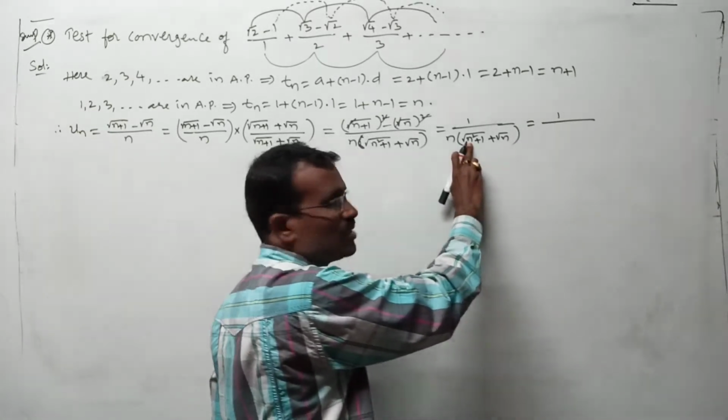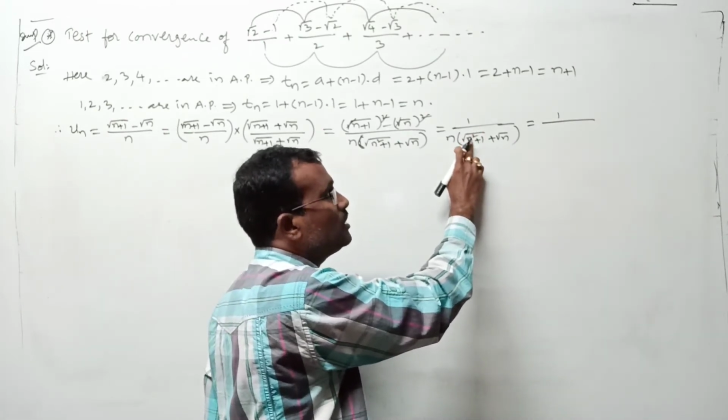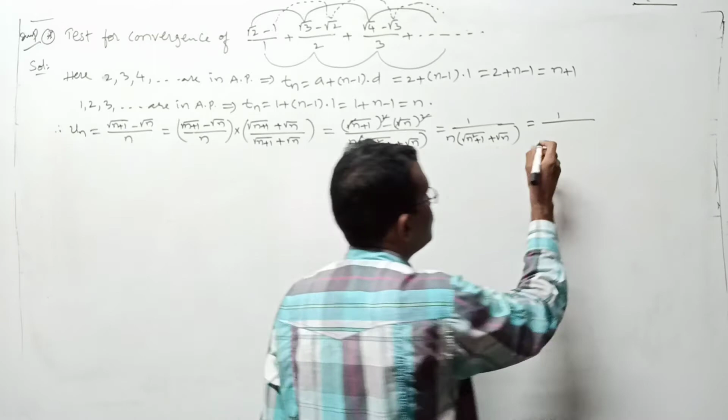N square common actually. Root n square, actually you have to take common, meaning n you have to take common. N into n is what? N square.